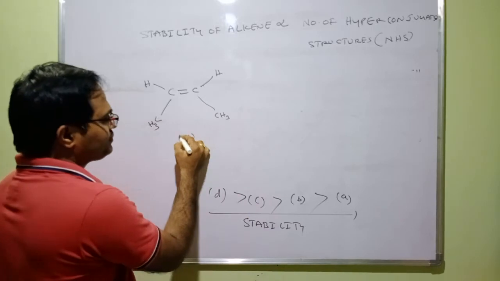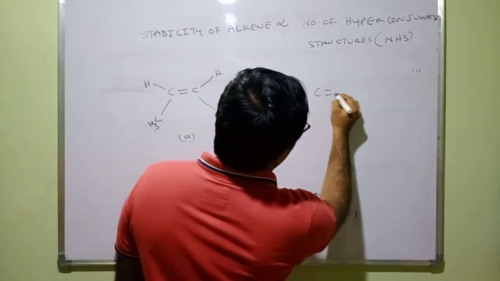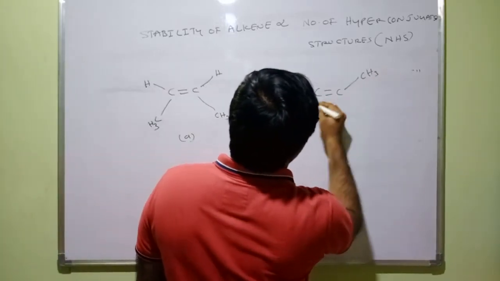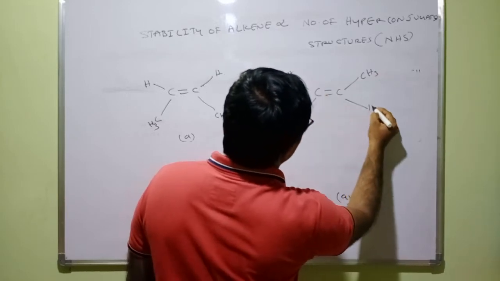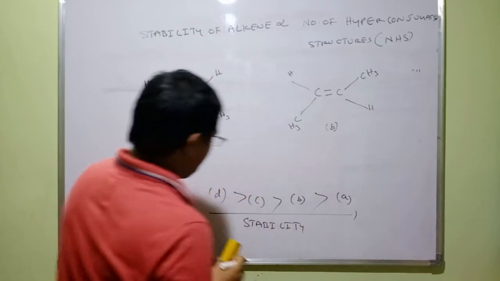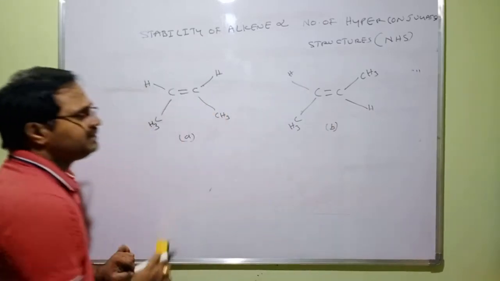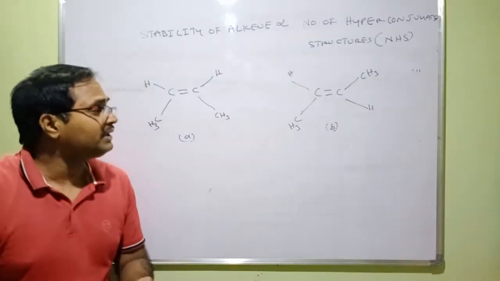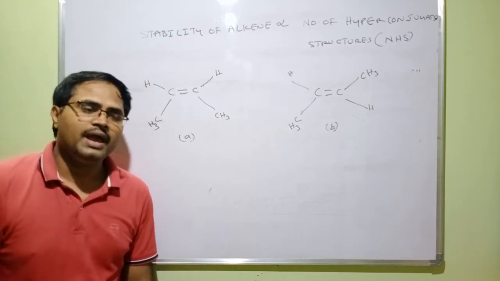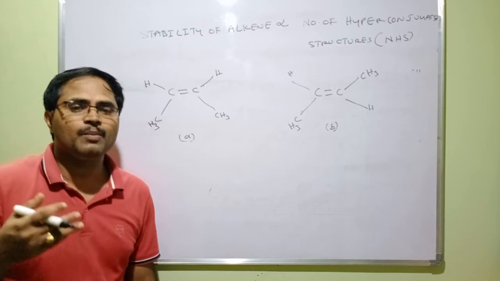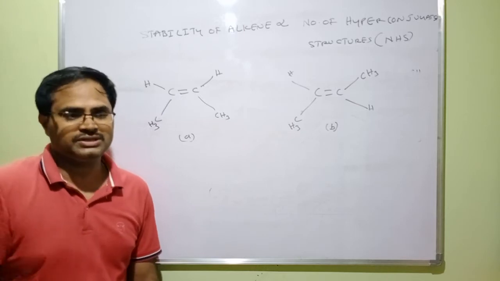Let us label this one as A, and I will give one more, this one with H. Look at these 2 alkenes and find out which is more stable. Again, we have to decide according to the number of hyperconjugation structures.